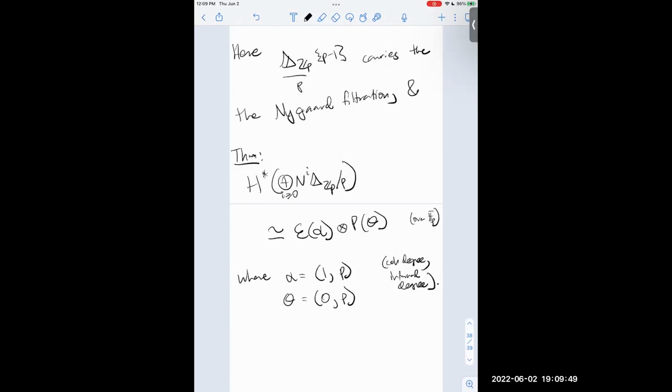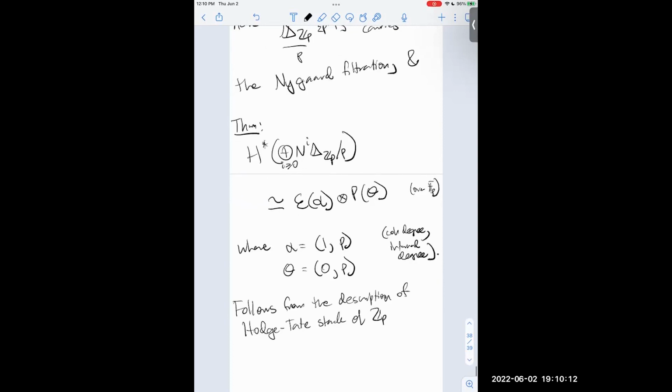It follows more simply if you use the stack-theoretic description. So this follows from the description of the Hodge-Tate stack of Zp in the article by Bhatt-Morrow.